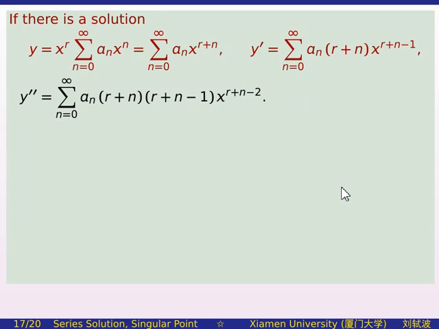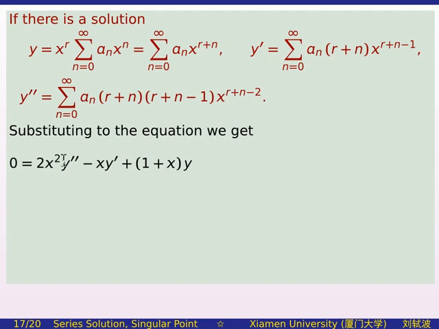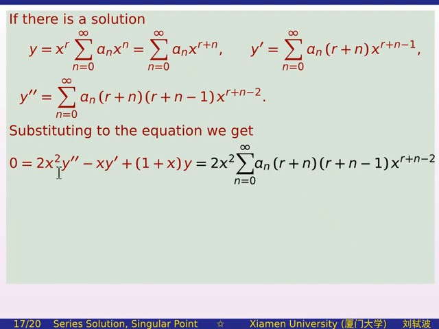We substitute this into the equation. The equation is 0 equals 2x squared y double prime minus x y prime plus 1 plus x times y. So we substitute the expressions of y double prime, y prime and y inside. For y double prime, we have 2x squared, then the y double prime we obtained here.